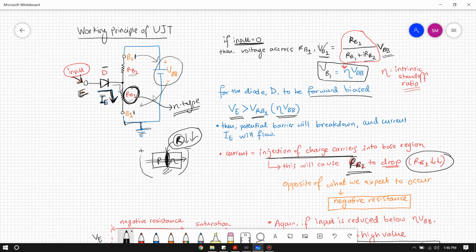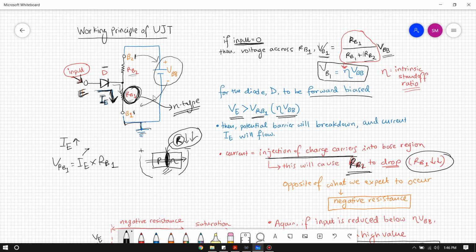Now, what do we expect in a normal scenario? If the current IE increases, what will happen? If we think of it normally, with a normal resistance there, the voltage across RB1 will be equal to IE times RB1.